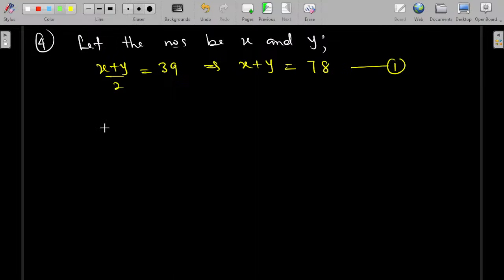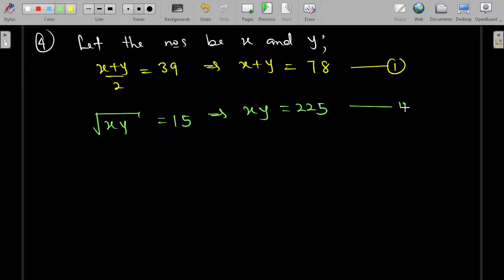How do you calculate geometric mean? Square root of x times y is equal to 15. If you take the square root to this side, it becomes square. So x times y is going to be the square of 15, which is 225.